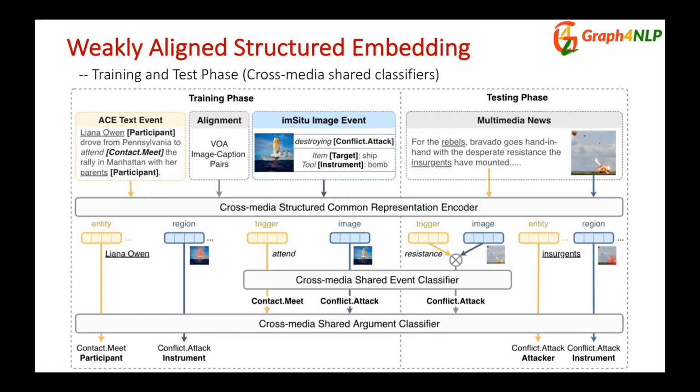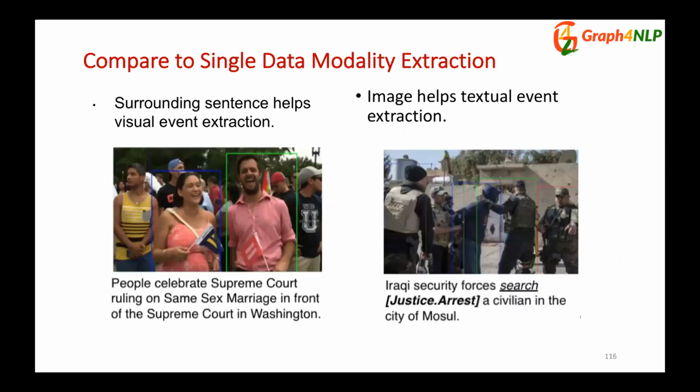Okay, so that's about improving the portability, because you can basically merge the modalities using the common graph structure and then transfer the training data from one data modality to the other. So I'm showing you a couple of output examples to show why merging multiple data modalities can help.